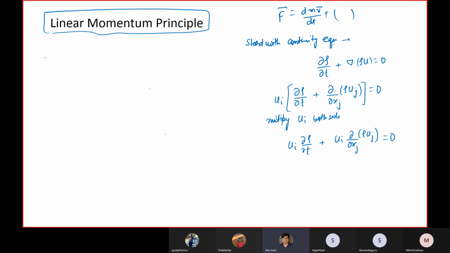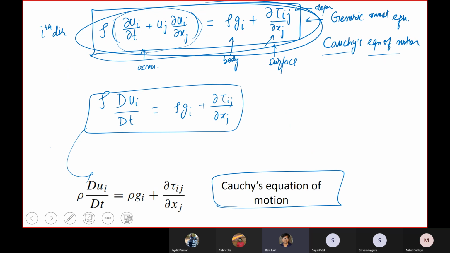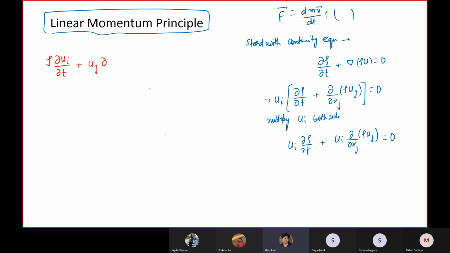Now that Cauchy's equation I can write in this form: dou ui by dou t, in the ith direction I am talking about, plus uj dou ui by dou xj, is equal to rho gi plus dou tau ij by dou xj.